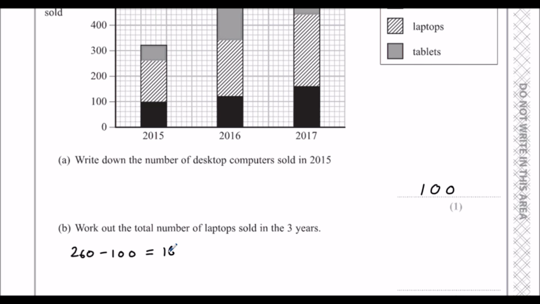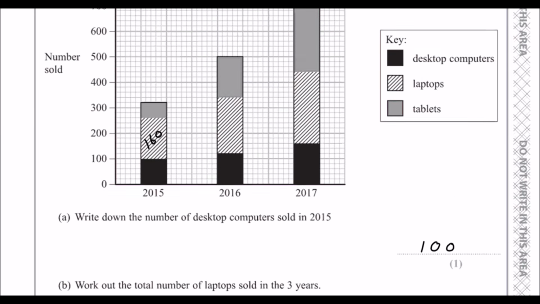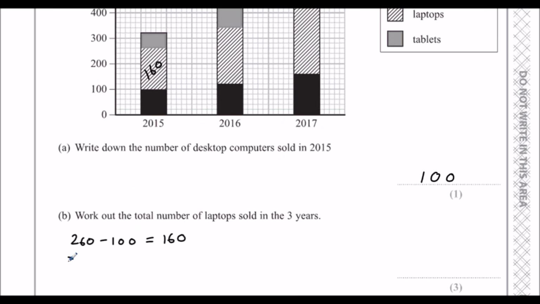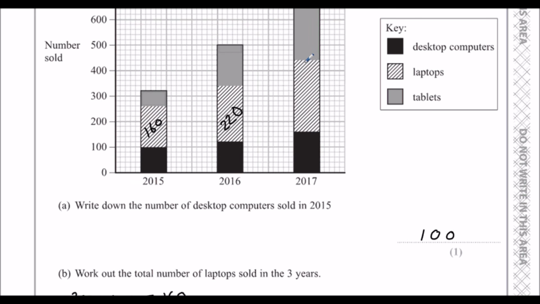That's 160 in 2015. 2016, it is 340 at the top. Take away 120 at the bottom, which is 220. And 2017, we've got 440, take away 160.